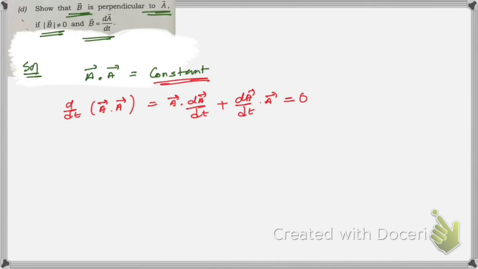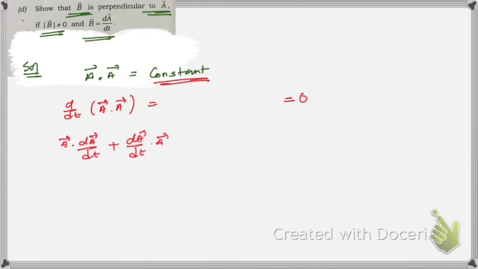So let me write it this way, just let me rearrange this. Okay, so here you will get 0. Hope you have understood this. Now, on the left hand side, we know that a dot b is equal to b dot a in case of the dot product, right?